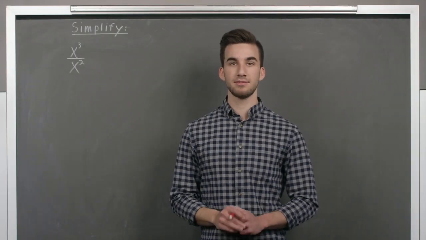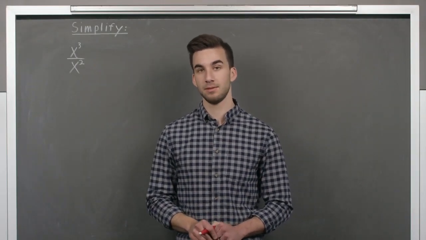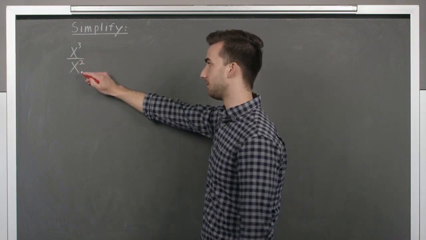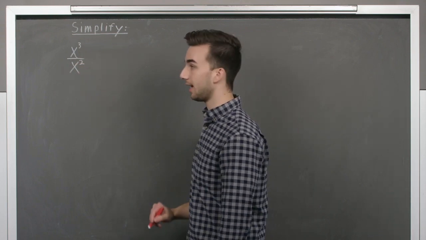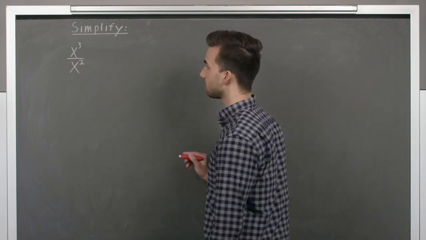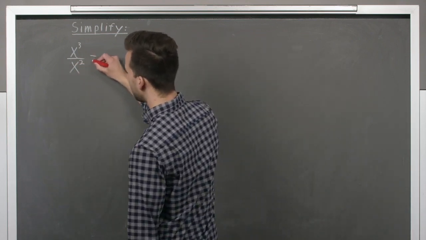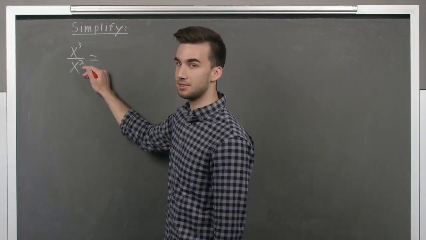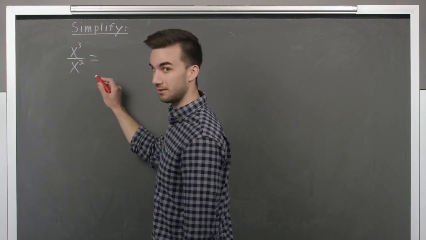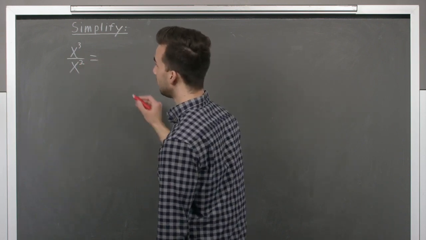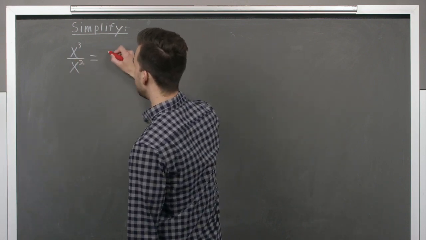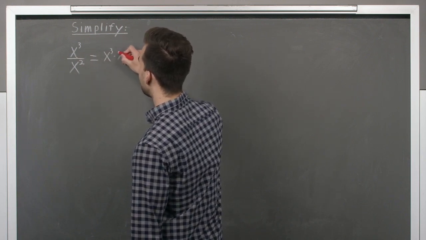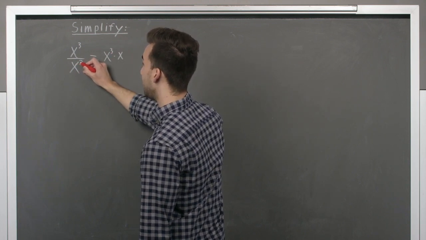So how do we divide variables that are the same? Well, in this example, we have x to the power of 3 divided by x to the power of 2. And I'll show you, we can just rewrite it as a multiplication problem where everything below the fraction bar, you rewrite the exponent as negative. So this is equal to x to the power of 3 times x to the power of negative 2.